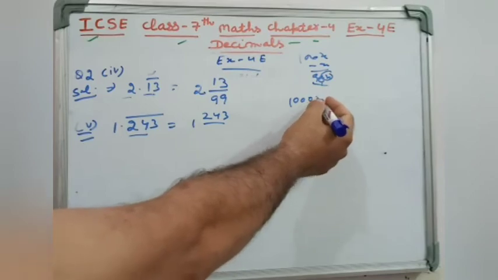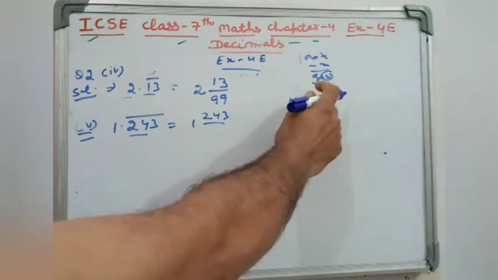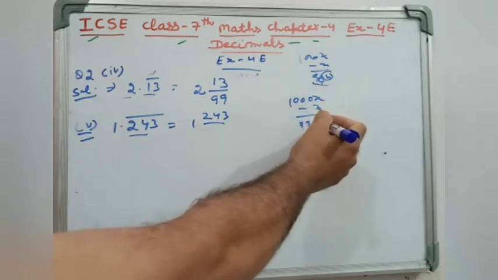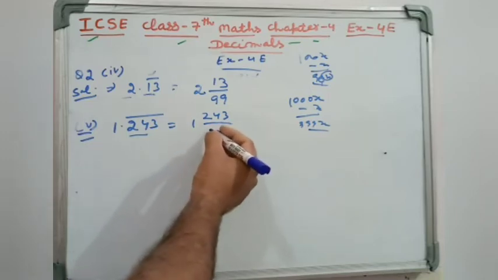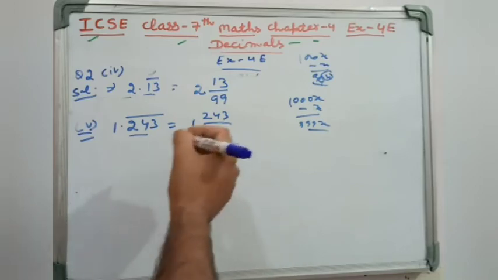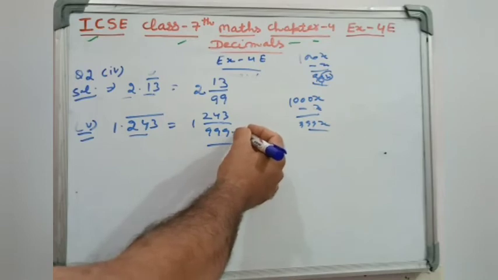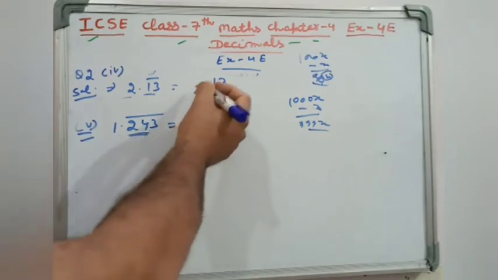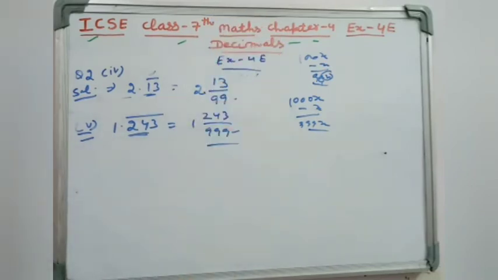From 1000x we subtract x, so we get 999x. For 1000 we can write 999. So if there are 3 digits, we write 999, for 2 digits we write 99, and for one digit we write only 9, right?